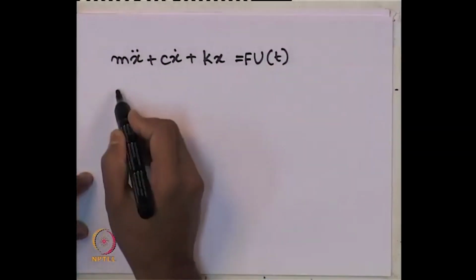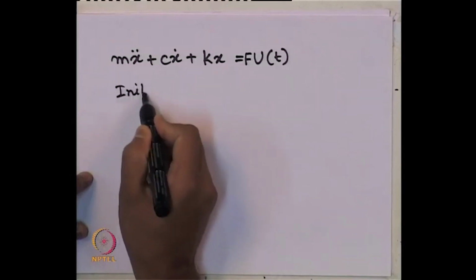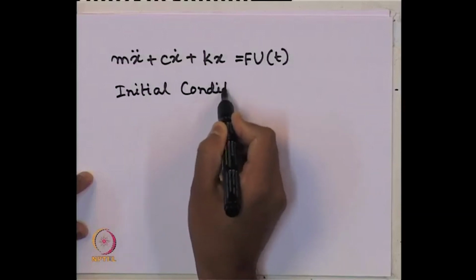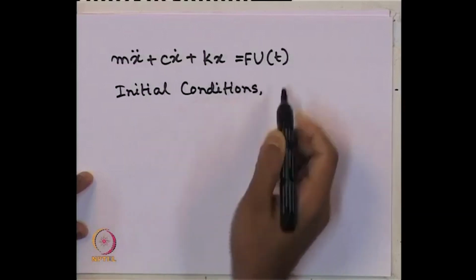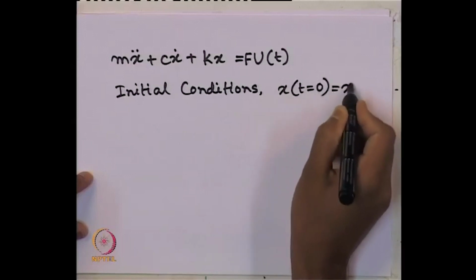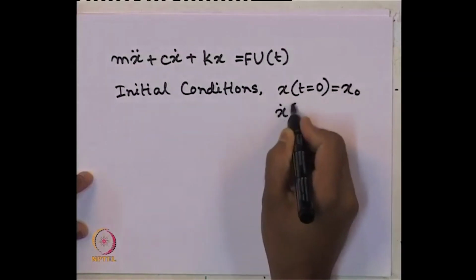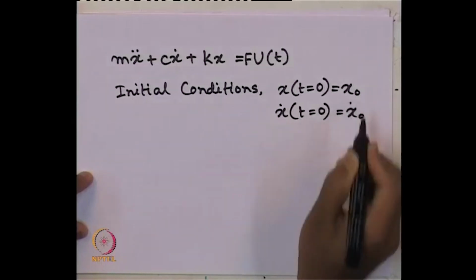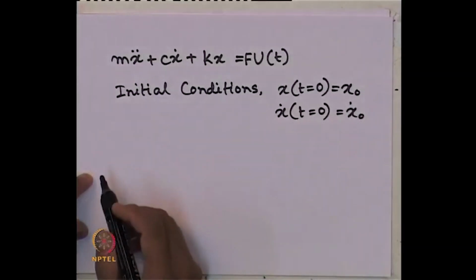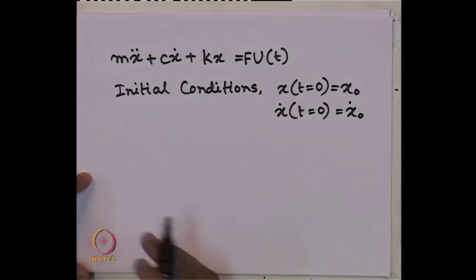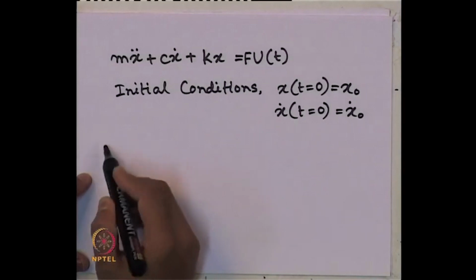And then we can use the initial conditions, as usual we do, that is x at t equals 0 is x naught, and velocity x dot at t equals 0 is x naught dot. Now, let us see what are the different cases we can solve from this situation.